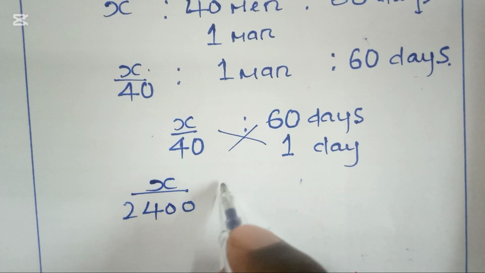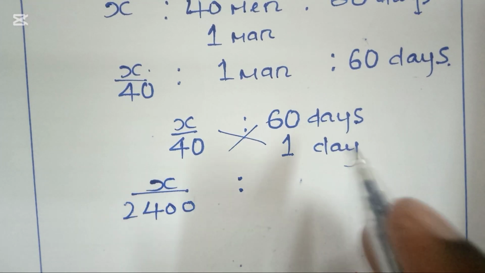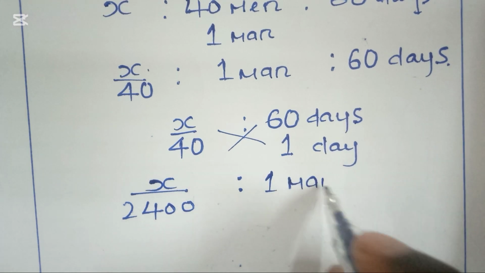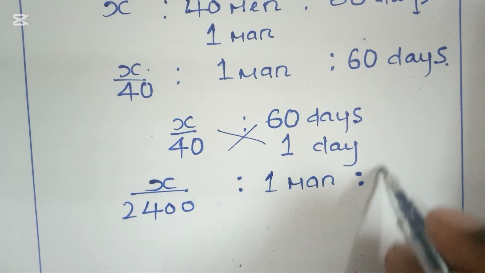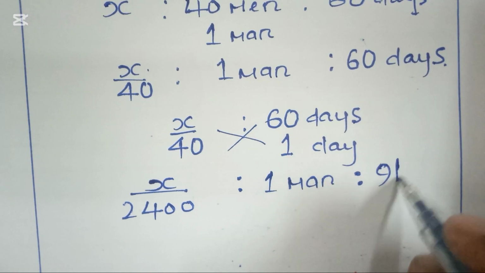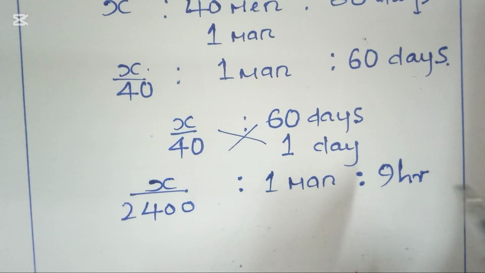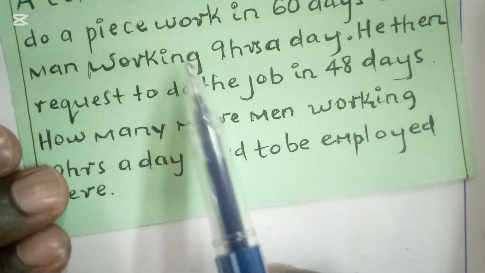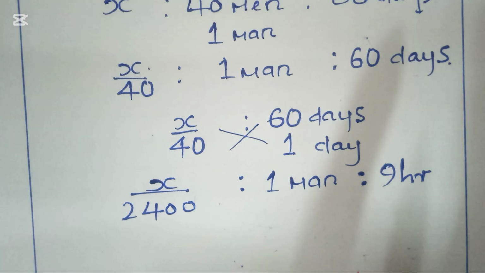This is the amount of work that can be done by one man in 1 day. But remember, 1 day has 9 hours. According to our figures here, we were talking of 60 days, each man working at 9 hours a day.